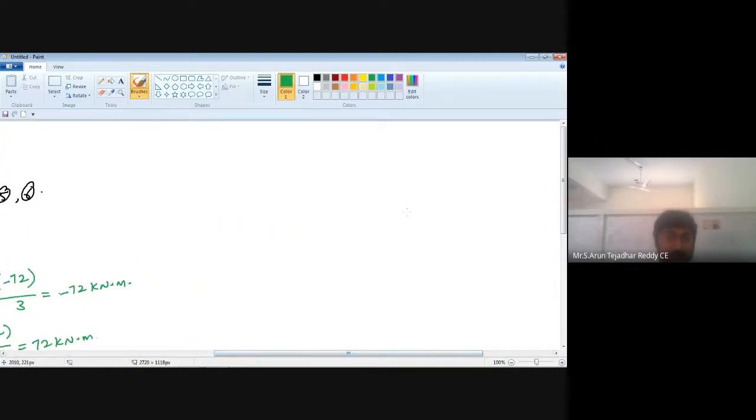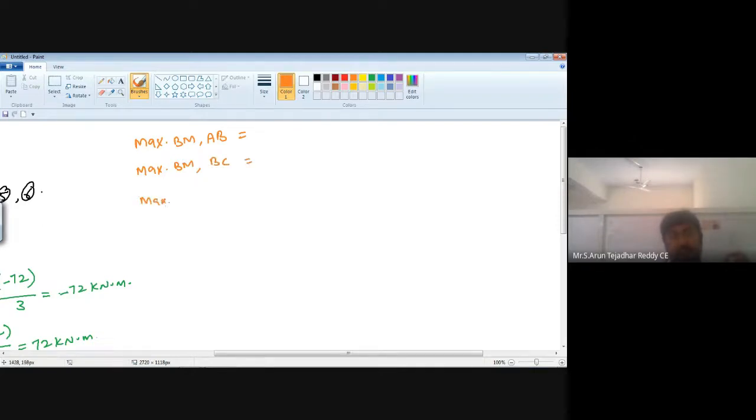Here we have two types of bending moment diagrams available. One is the maximum bending moment, the other is the net bending moment diagram. Here the maximum bending moment is for span AB. Next, the maximum bending moment for span BC.